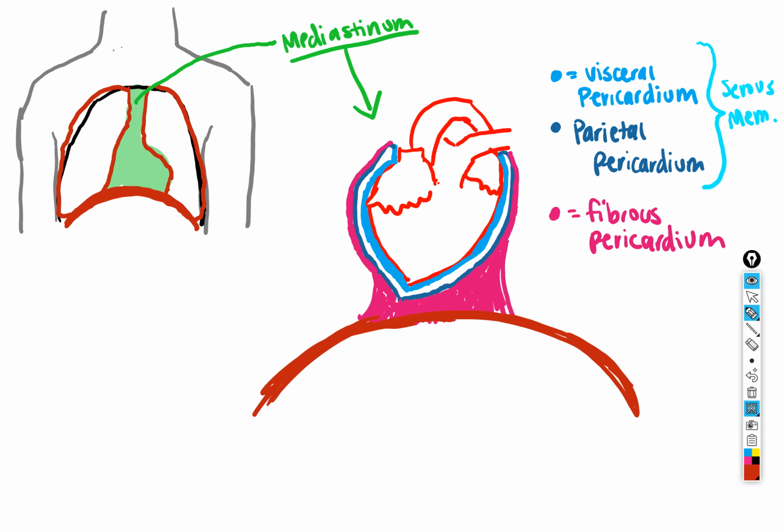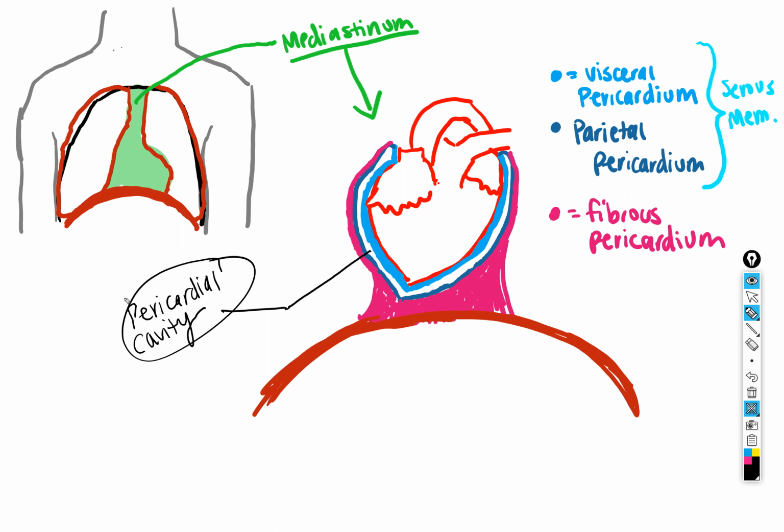So where is this pesky pericardial cavity? It is the space between the visceral and parietal pericardium. Now, in anatomy, we call this a potential space.